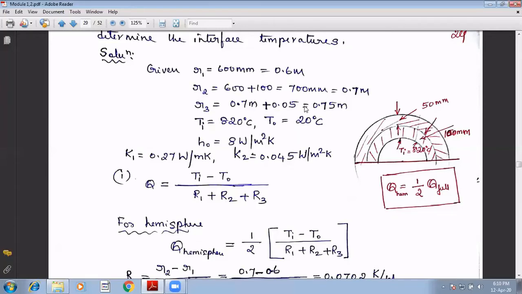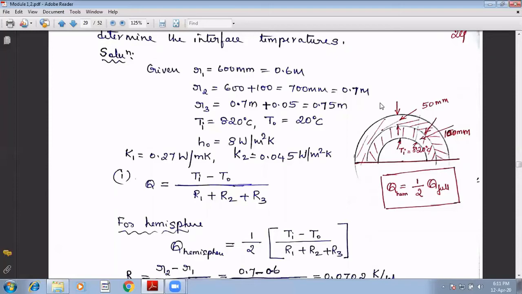So R2 becomes 0.7. Similarly, R3 becomes 0.7 plus 0.05, so 0.75 meter. Now, inner temperature is 820 and outside temperature is 20 degrees Celsius. And it is also given there is a convective resistance at this point, whose coefficient of heat transfer is 8 watt per meter square Kelvin.